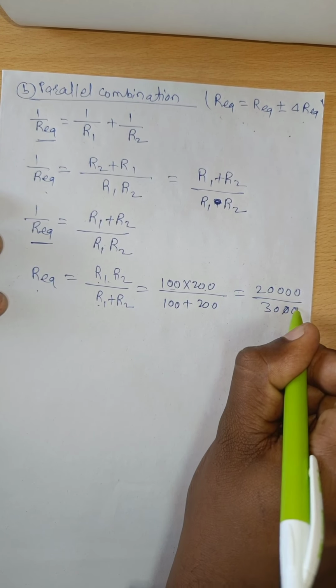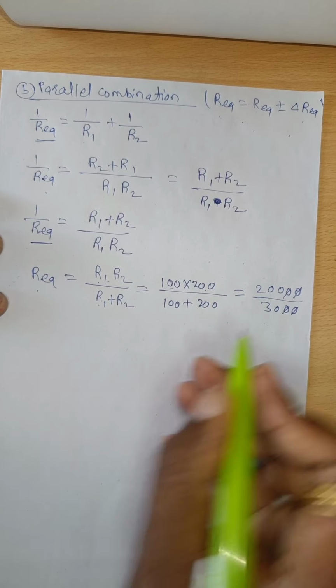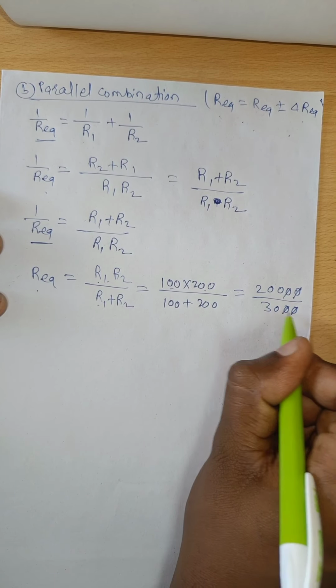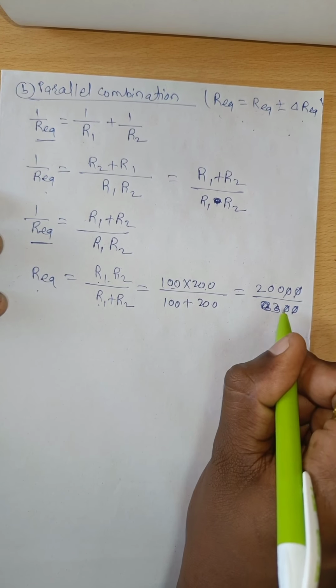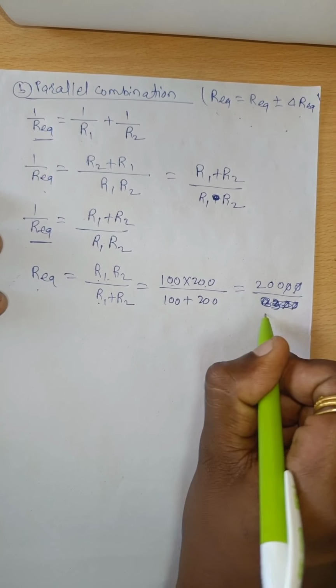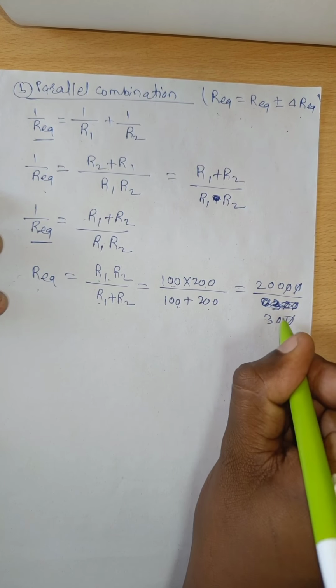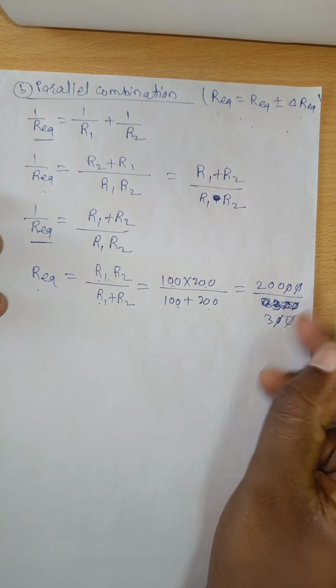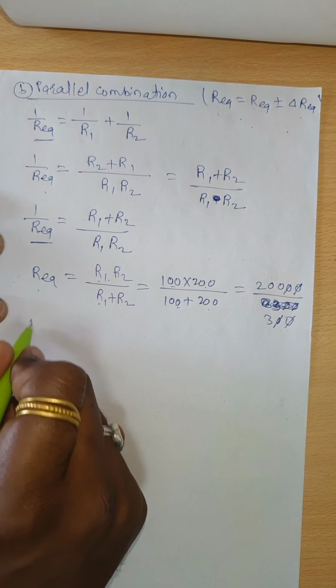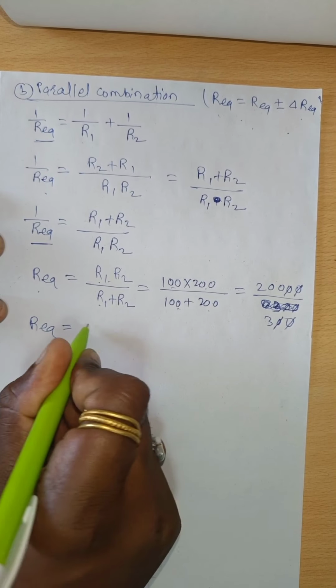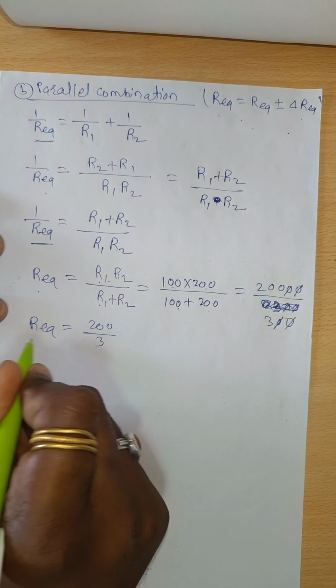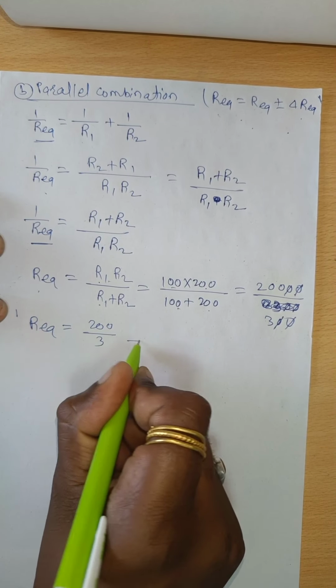The two zeros cancel, and 100 plus 200 is 300. Therefore R equivalent is equal to 200 by 3 ohms.